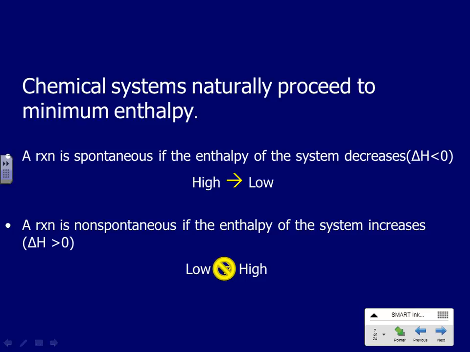A reaction is non-spontaneous if the system increases in enthalpy, in other words, a positive delta H, and it does not proceed. I think we get that idea. I don't think we need to write that down. If a reaction is exothermic, the universe likes it. It has the potential for being spontaneous.